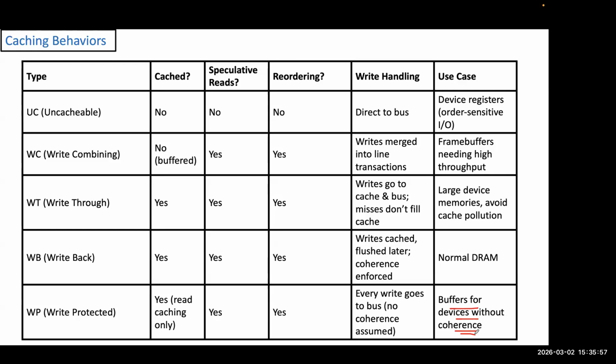So, if we are using some devices which have internal buffers to hold the data, and that data is not covered by the coherence protocol, it means that we cannot share the data among multiple cores with write permissions. We can allow them to read.